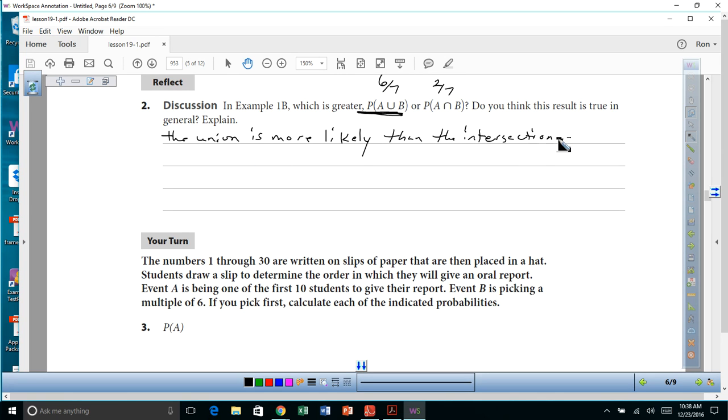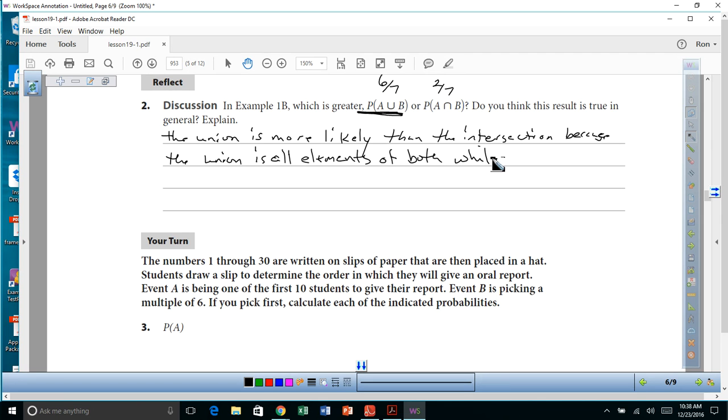The union is more likely than the intersection because the union is all elements of both.